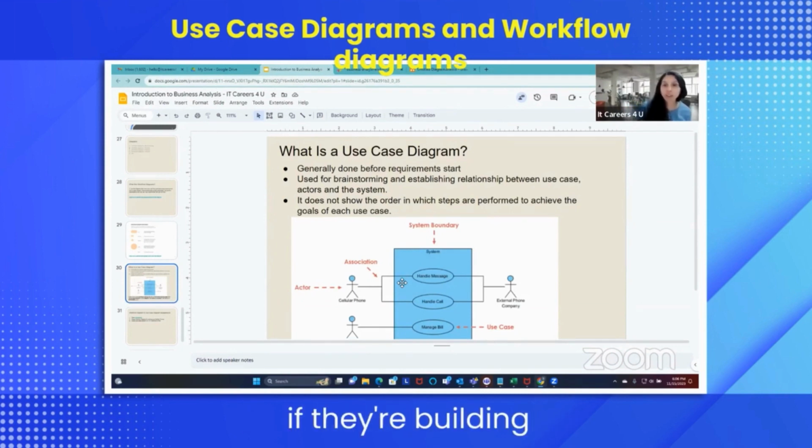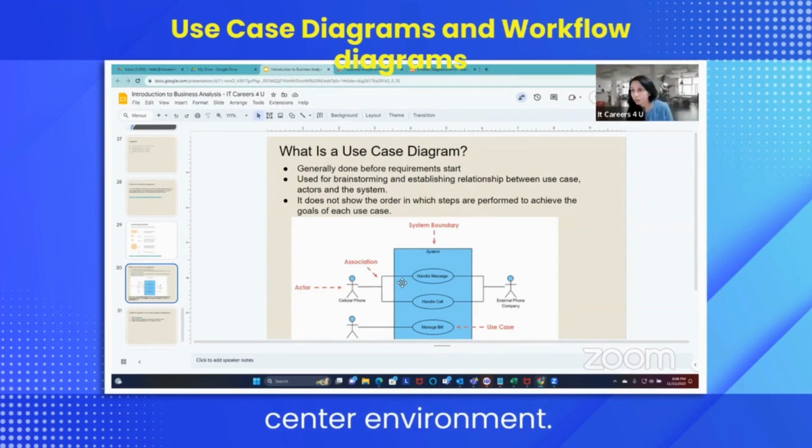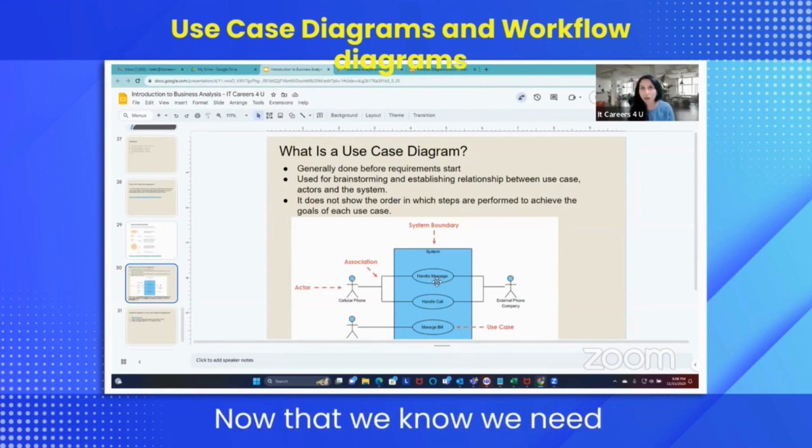Now, if they're building something brand new, or in my case, in the call center environment, I don't know the call center environment. But we could have had a use case diagram session where I could say, hey, what do you guys really want in the system? And those would be my functionality. Okay, now that we know we need to receive calls, who are the primary actors?